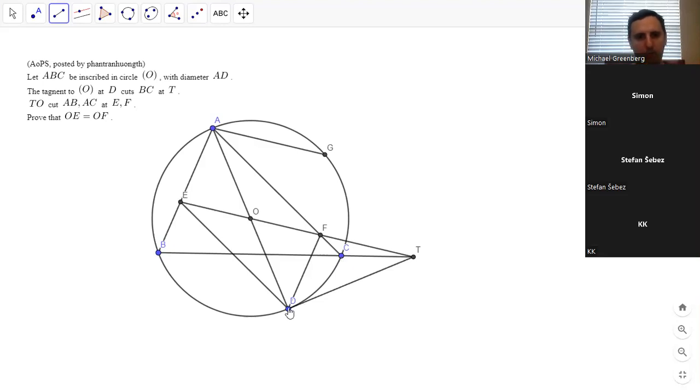And then maybe we could project through D onto BC. So then we get BCT at that point. And this is a right angle.